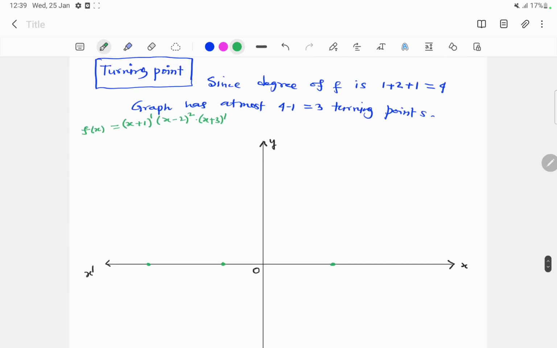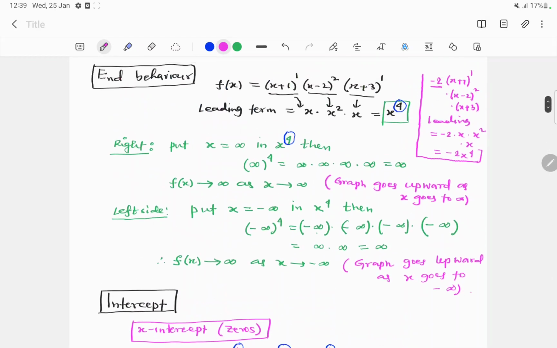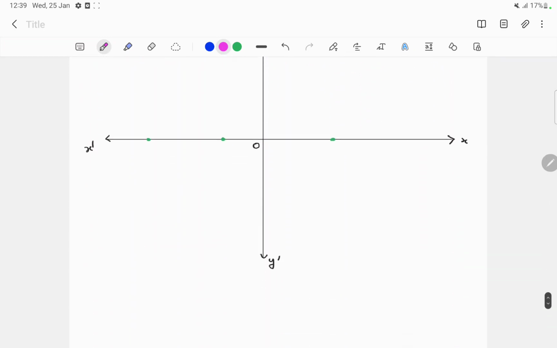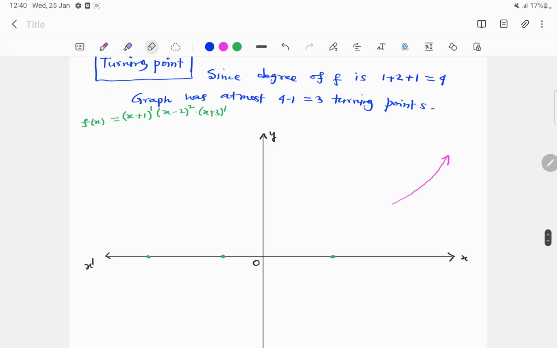Now see, as we know f(x) goes to infinity as x goes to infinity, so the right side behavior, if we look here, means the graph will be very far from the origin. We don't know exactly, roughly we are drawing like this, and then on the left side the same thing is happening.